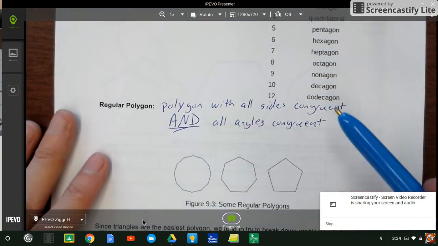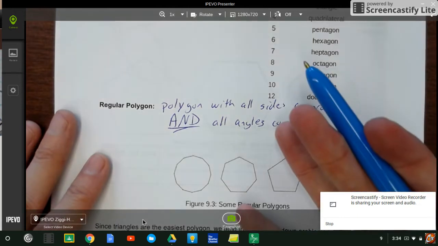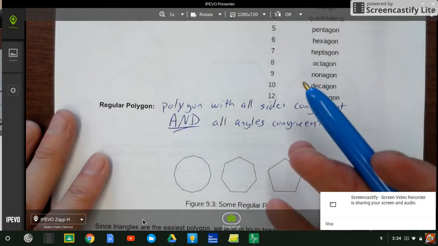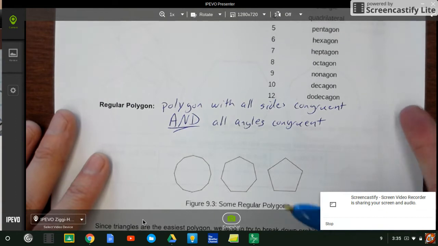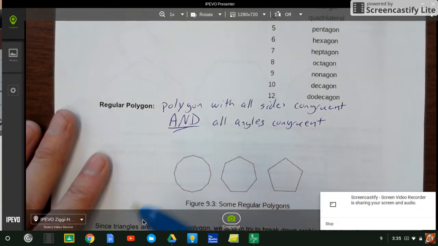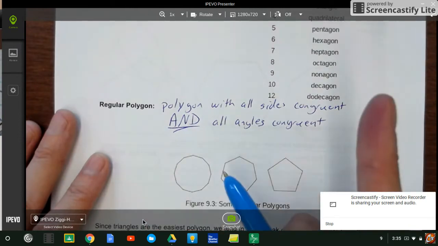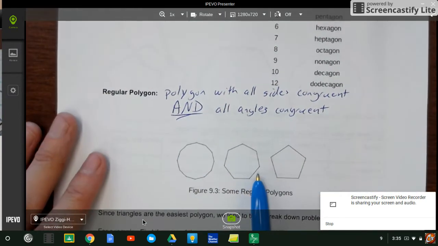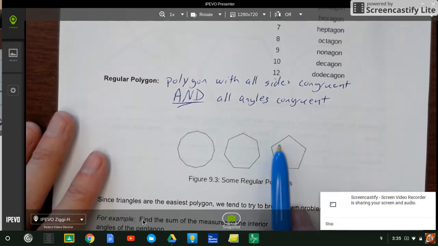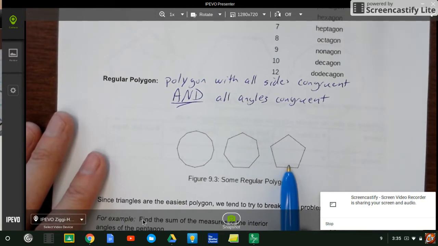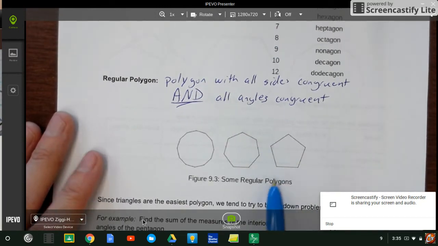So like our equilateral triangle is also equiangular. That means it's a regular polygon. But a rectangle is equiangular, but not equilateral. A rhombus is equilateral, but not equiangular. A square is both. So here's some examples of regular polygons. The pentagon that we're used to in Washington, D.C., that's a regular polygon.